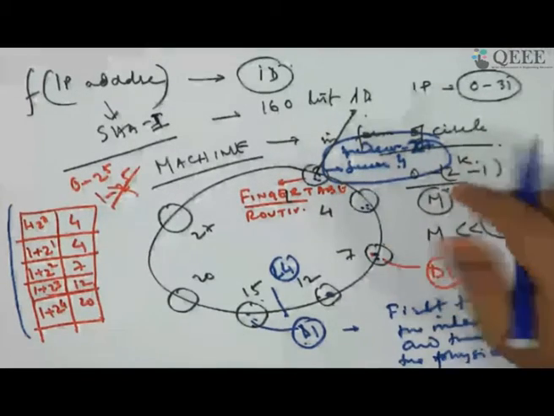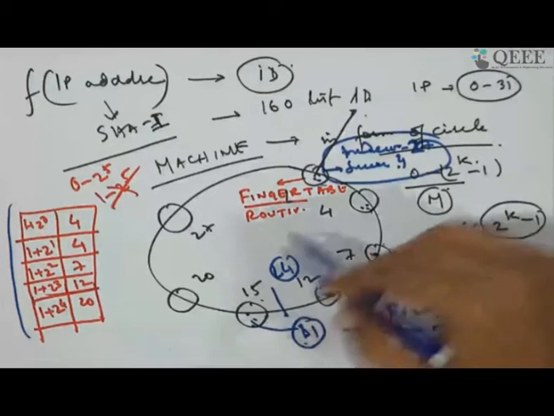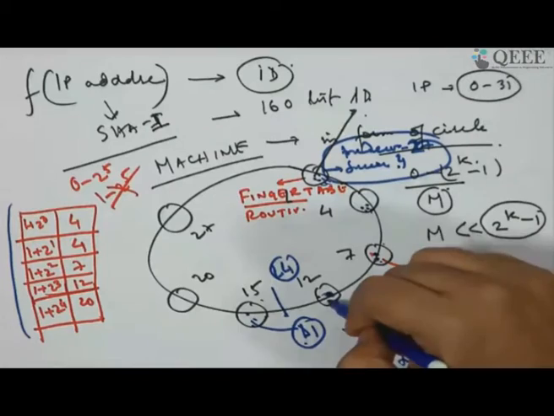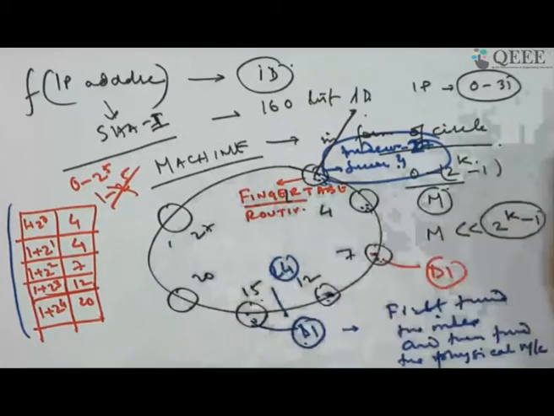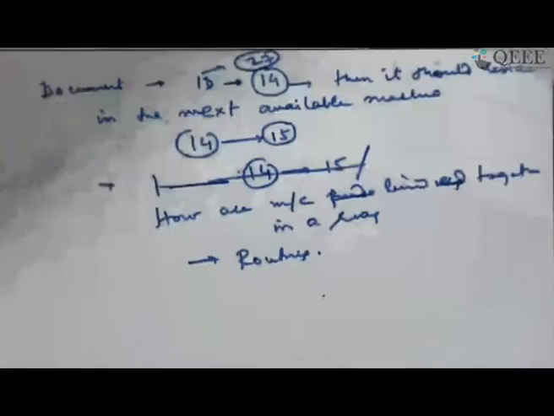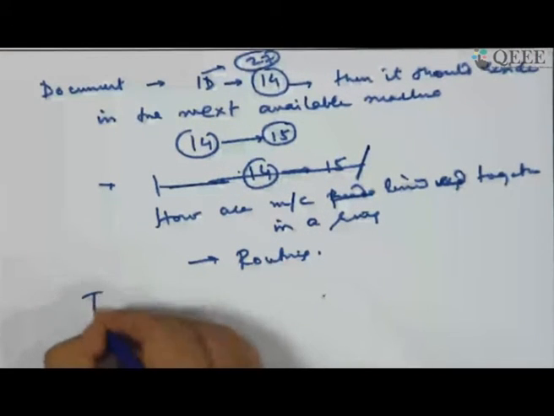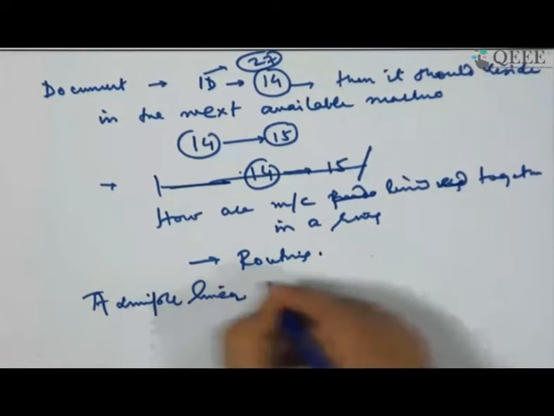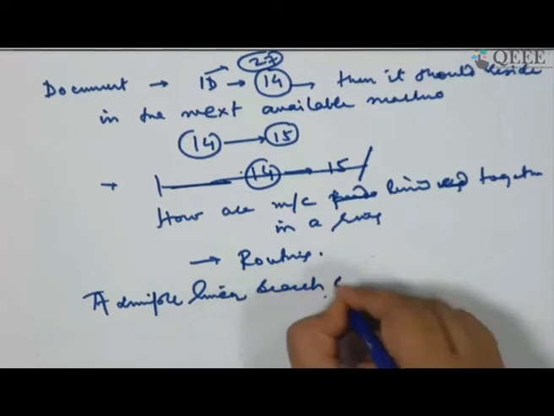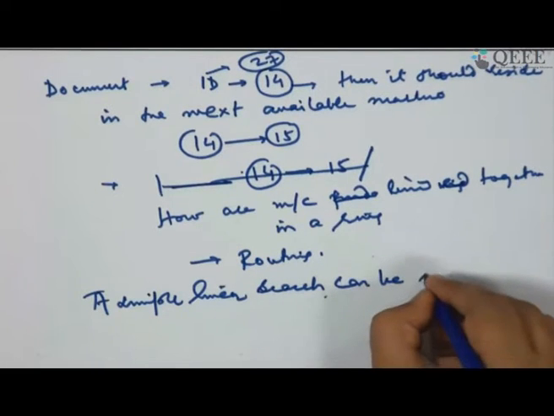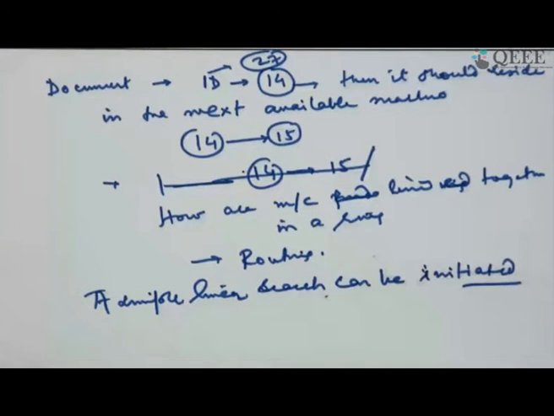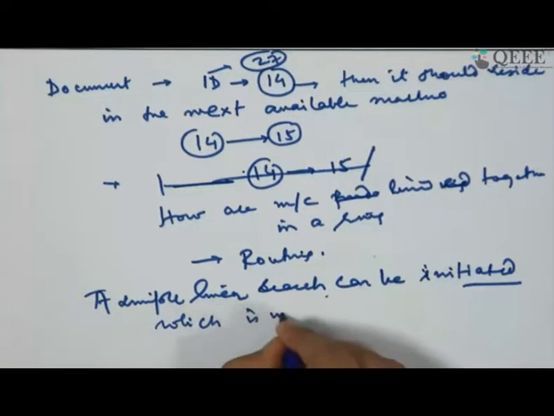But what is the difficulty? This is a linear search, where you have to go from machine 1 to machine 4 to machine 7 to machine 12 to machine 15.